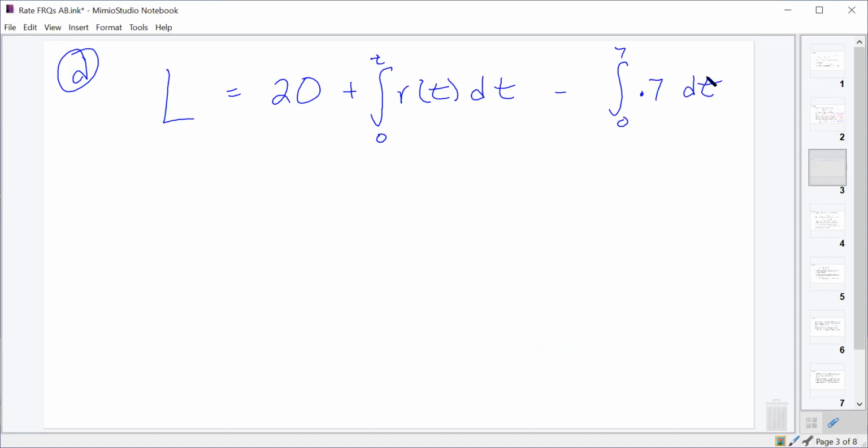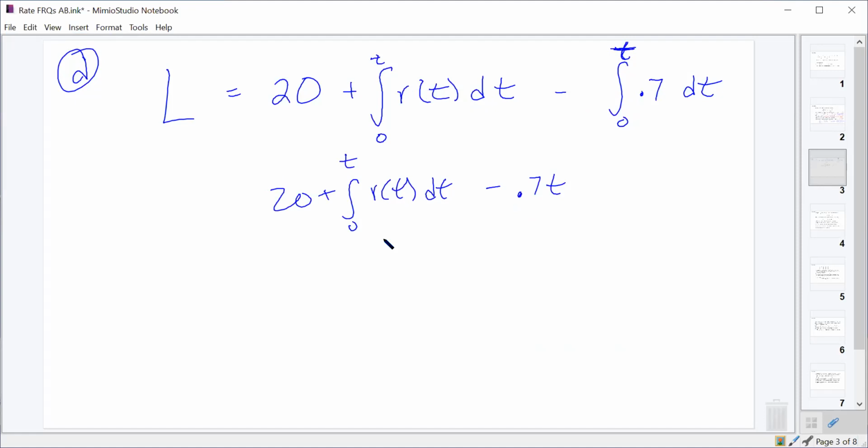So we could have put this as one integral, 0 to t of r of t minus 0.7, if we wanted to. Or you could have just written it as 20 plus the integral from 0 to t of r of t dt minus 0.7t outside of the integral, because that's what that integral becomes.